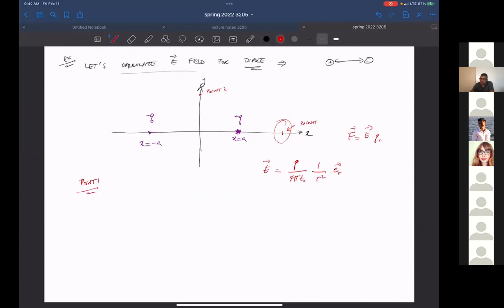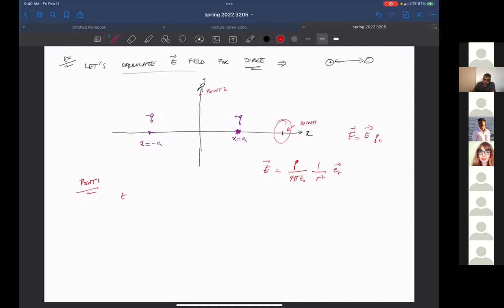And also remember the superposition principle says I can calculate the electric field from this guy, and then I can calculate the electric field from that guy, and sum them in a vector format. Okay, so let's look at it.